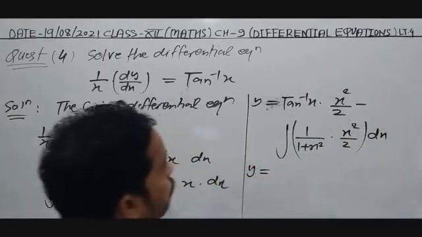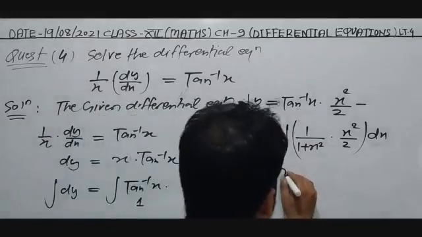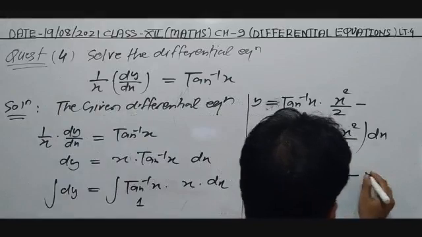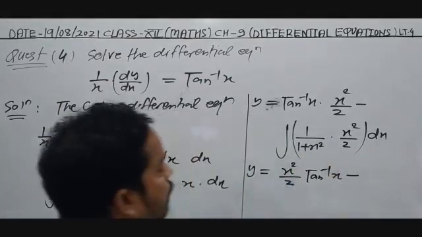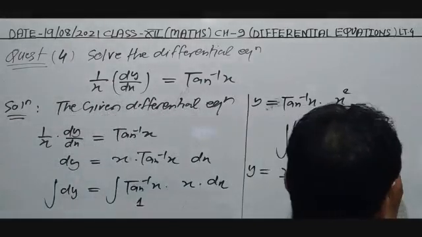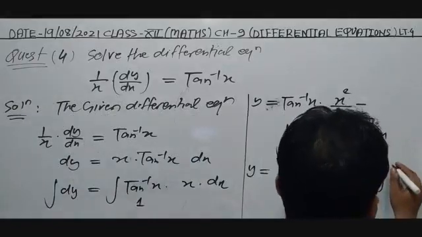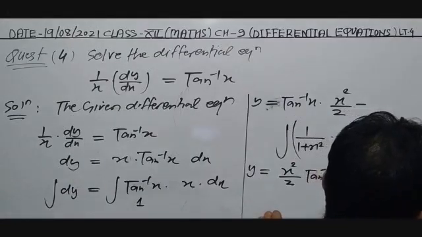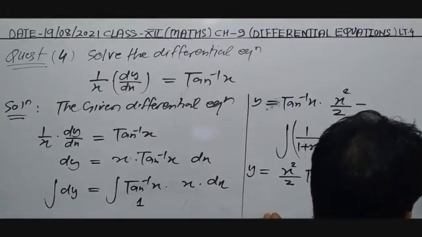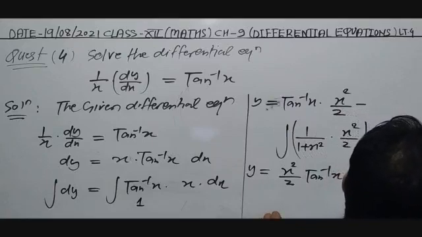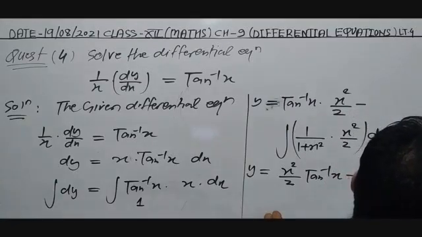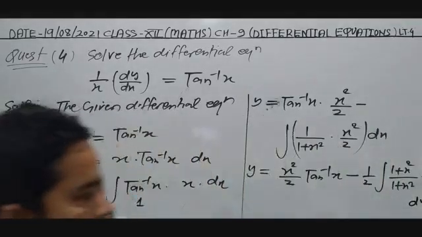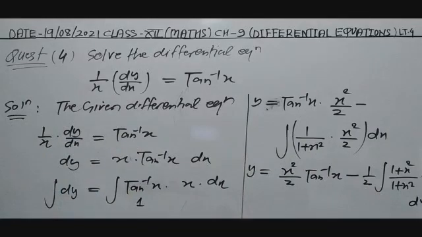So y will be equal to (x²/2) tan⁻¹x minus, and this one can be written as 1/2 integration of x²/(1 + x²) dx. This will be dx.